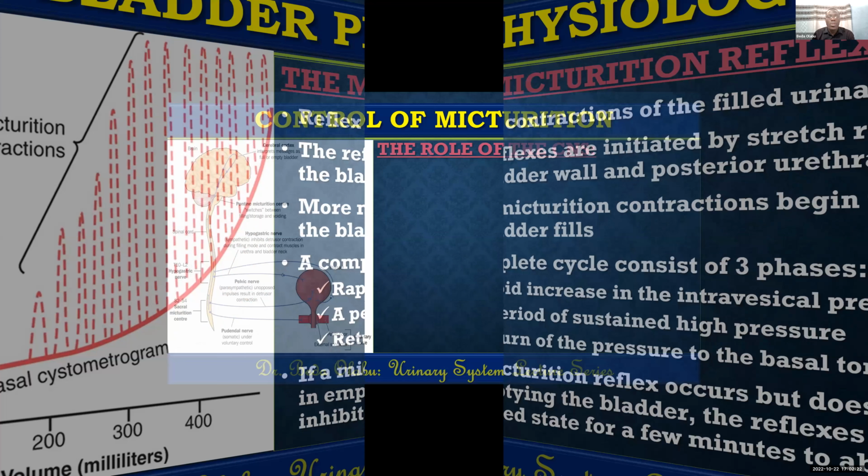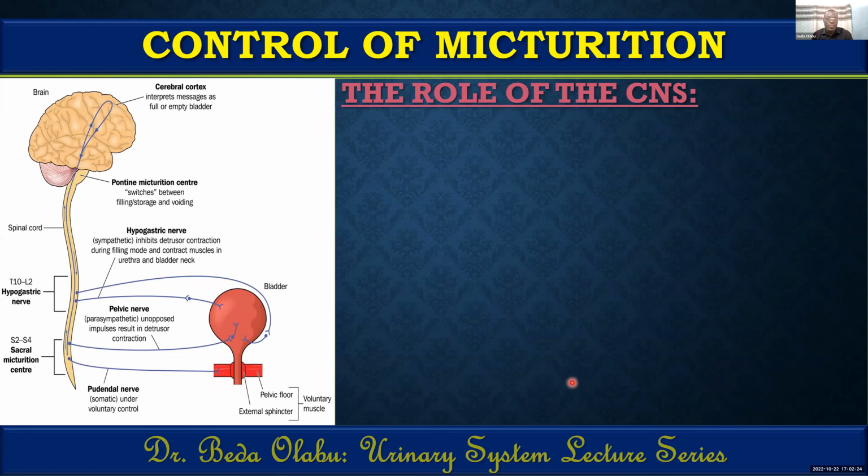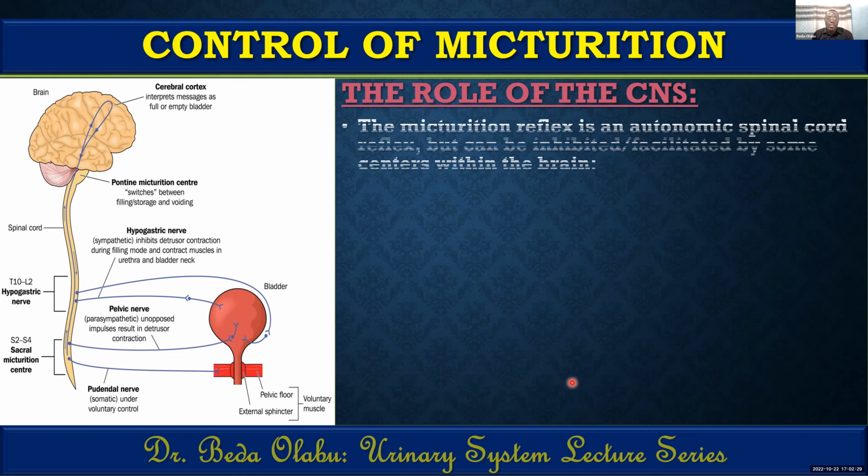So what's the role of the nervous system in micturition? Micturition is a reflex mediated by the autonomic nervous system. Now, the spinal cord is the one that mediates the micturition reflex. However, this autonomic reflex can be inhibited and facilitated by some centers within our brain.